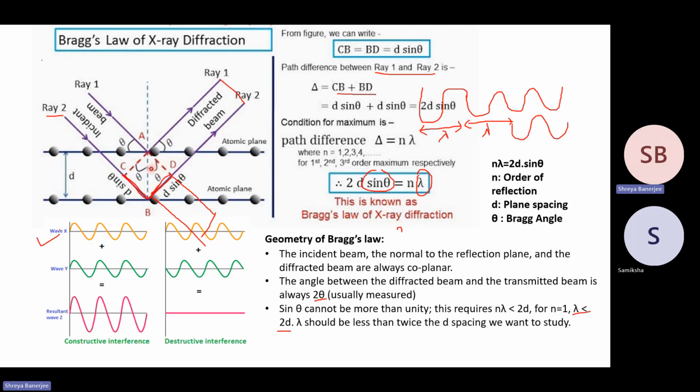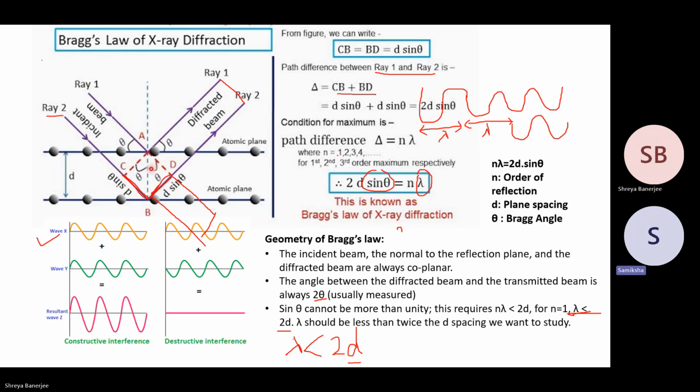In that crystal, the d is measured, and this equation is what is important, that lambda is less than 2d. Suppose you have an unknown crystal. First, the d of the crystal is measured, and then we choose the lambda such that it is less than 2d, and then we get a good diffraction pattern.